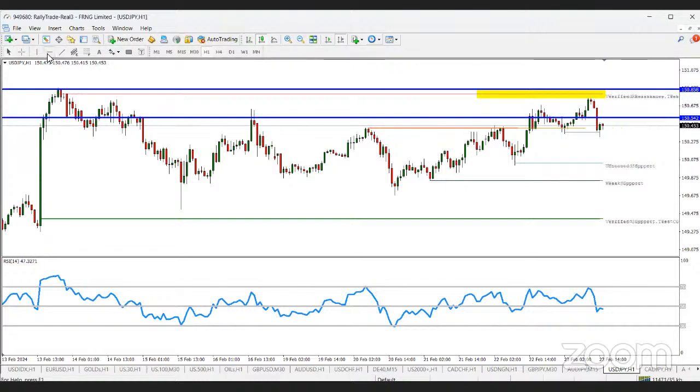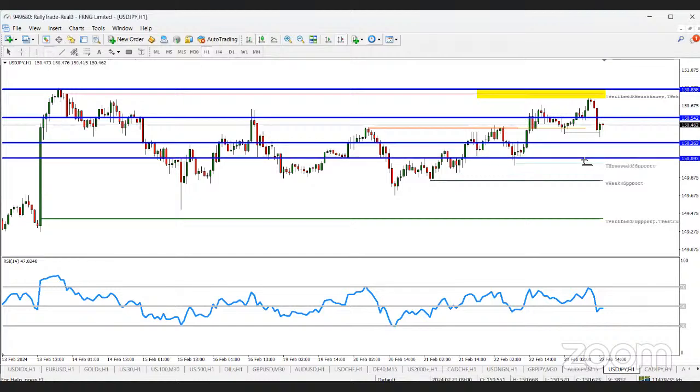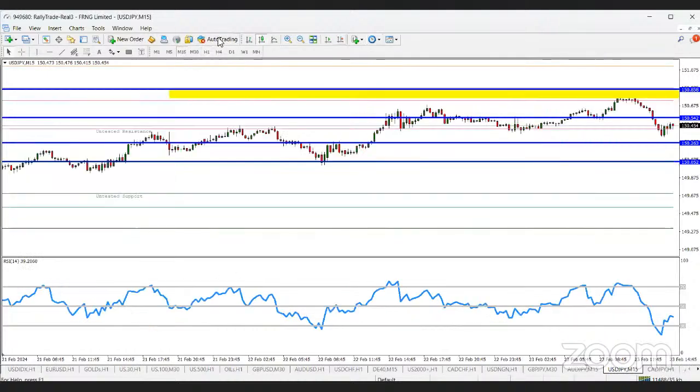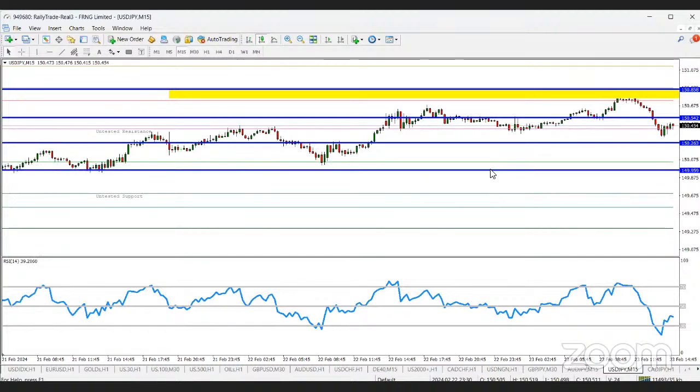Another thing I can do is, I have this hammer here, which means I can easily get a sell stop below this zone. My sell stop could be around 150.260, or an instant sell around there. Once the market sells to 150.260, I can sell and look out for profit of around 20 pips.